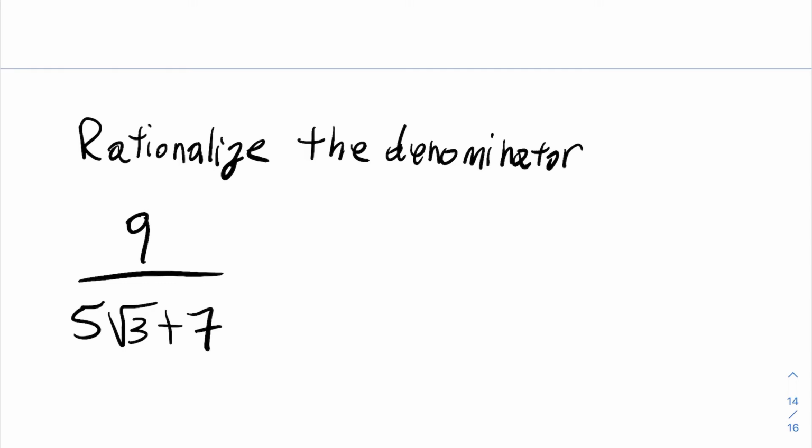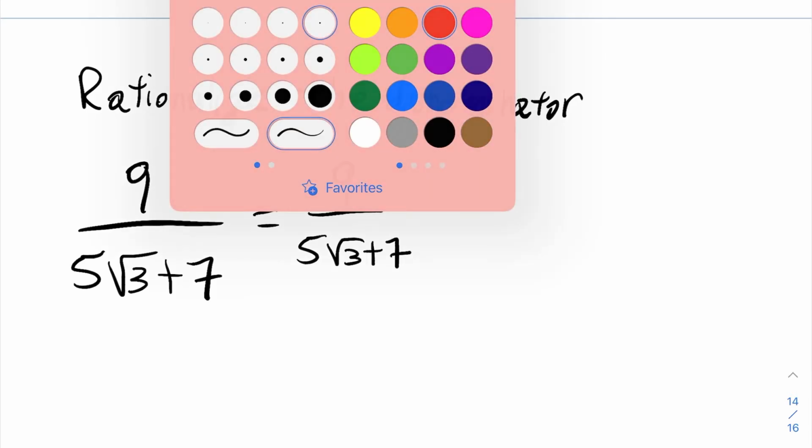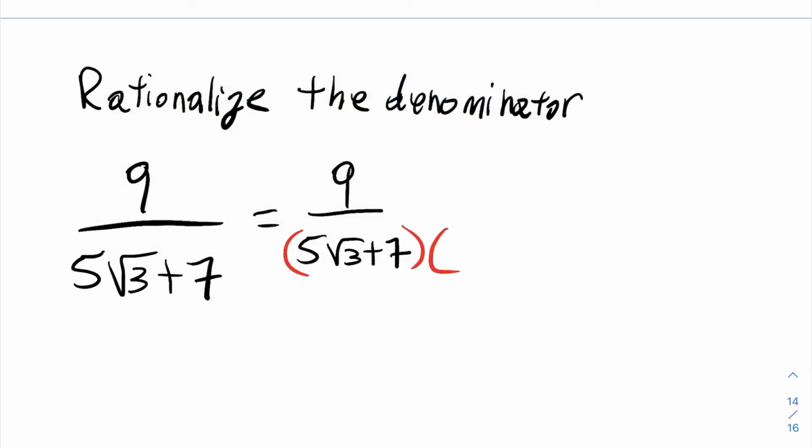And I ask you to rationalize it. This isn't like the ones that you had done previously where there was a single term in the denominator. Now there's a binomial, two terms. 5 square roots of 3 is one term, 7 is another term. To deal with this, to rationalize this, what we do every single time is we multiply by the conjugate of that binomial. So we multiply by the conjugate of the binomial to create an equivalent expression.